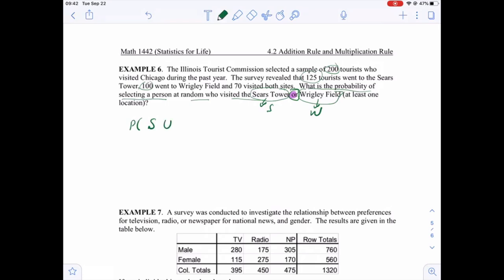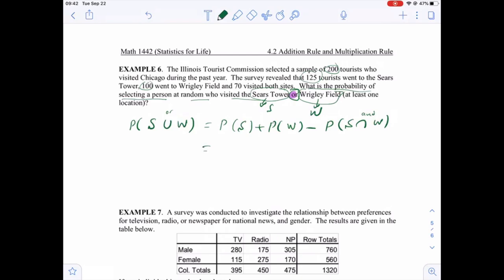So or means union, and then Wrigley Field, that's union. Okay, so we apply the addition rule. We have probability of S of visiting Sears Tower plus probability of visiting Wrigley Field minus probability of both S and Wrigley.